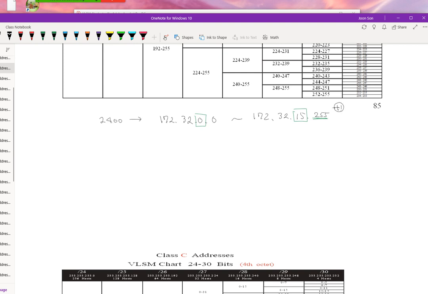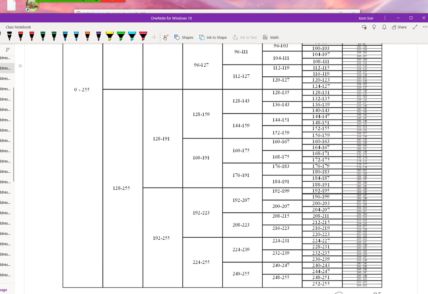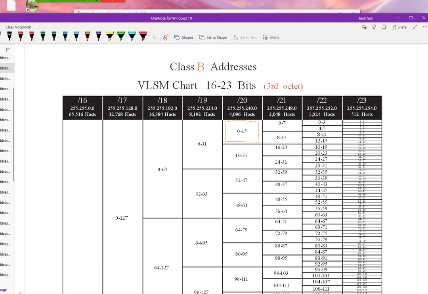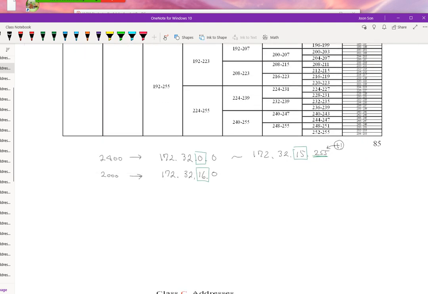If I add +1 to this, then no matter what, the next one starts with 172.32.16.0. For the 2,000 hosts, I can use /21, which is 16 to 23, so 23 right there, and then 172.32.23.255.